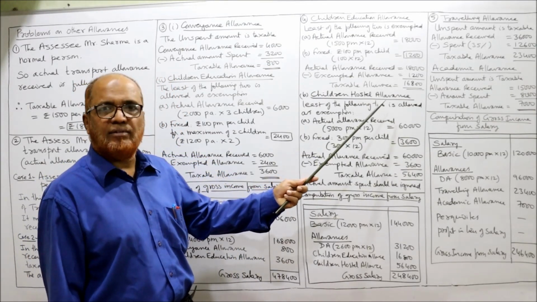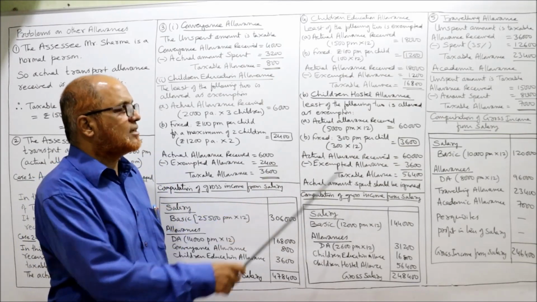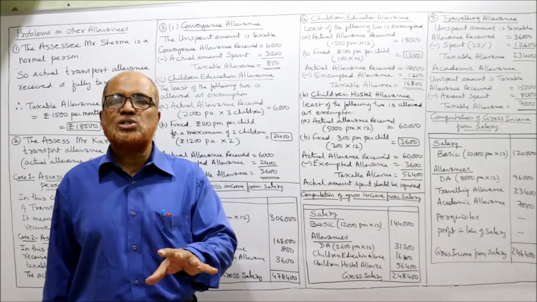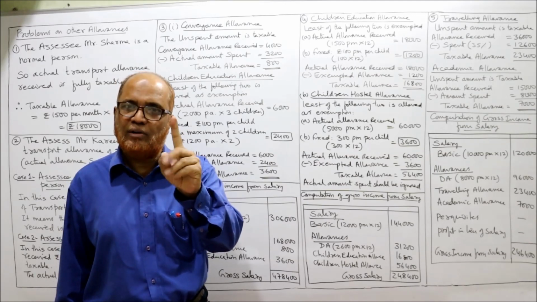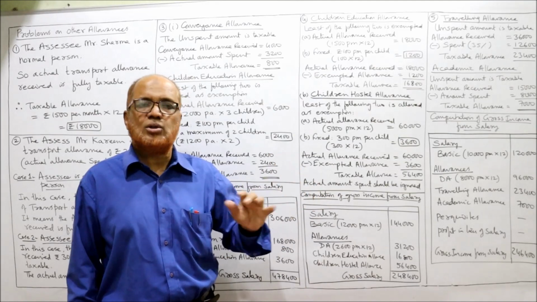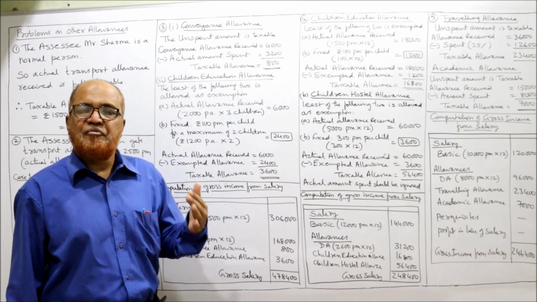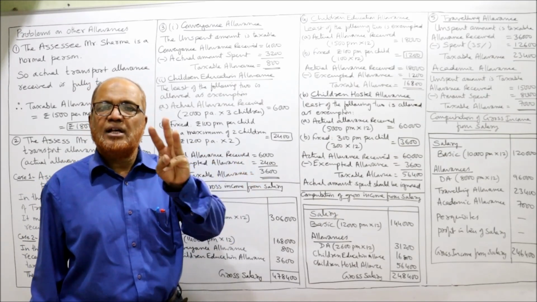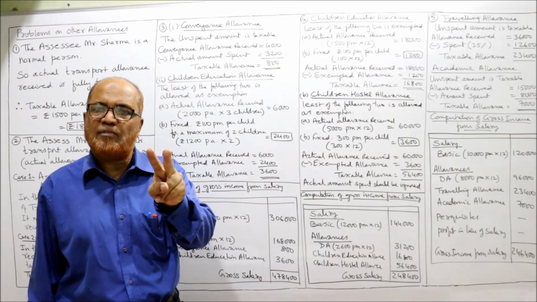Now children hostel allowance. The least of the following two is exempted. Actual allowance received. So he got hostel allowance 5,000 rupees per month for his son, for only one son. So 5,000 into 12, 60,000 rupees he actually received. Out of which fixed amount exemption has been given 300 rupees per month per child for a maximum of 2 children.